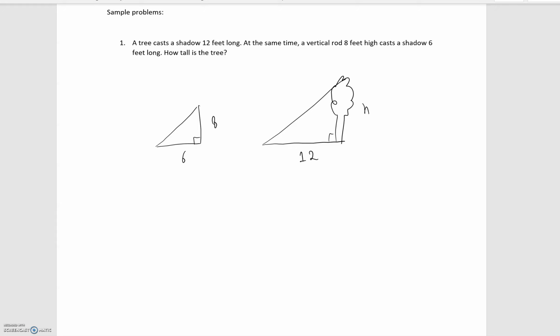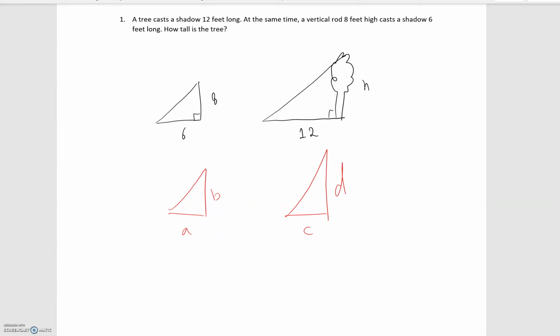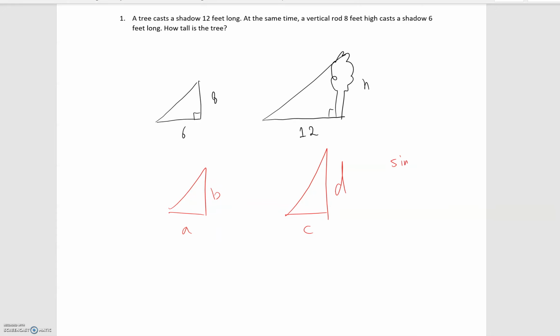For similar triangles, you have that the ratio of any two sides of one triangle, if it is similar to another, must be equal to that exact same ratio of the corresponding sides of that other similar triangle.